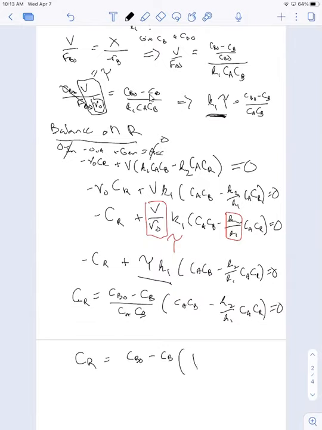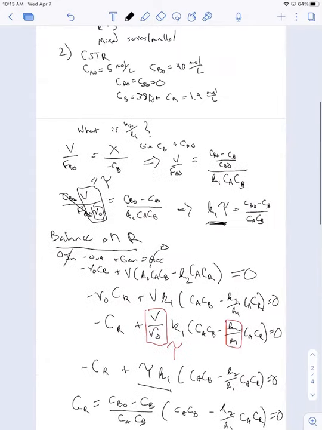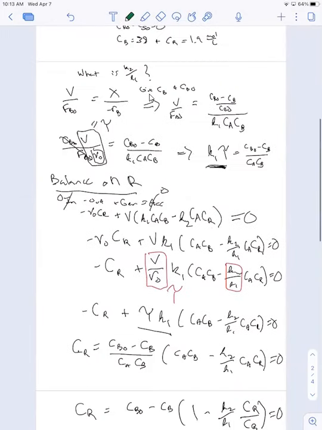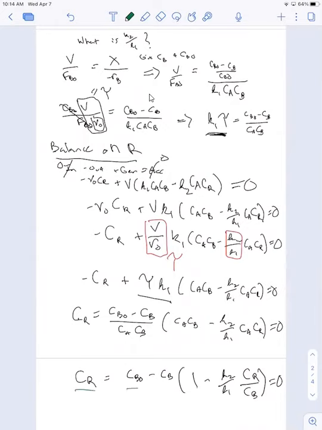So this will just equal 1. This will be minus K2 or K1, and then CR over CB. And then we actually have, and if we look back at the problem, our variables are CR, CB, and CB naught, and that's it.